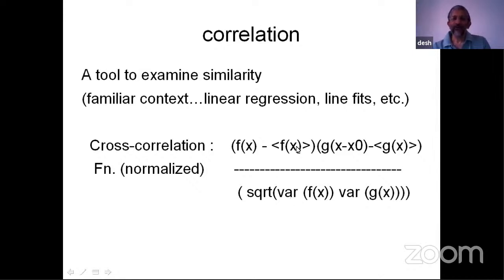And so each one of these functions is normalized, if you like, by their mean subtracted, normalized to their respective standard deviation. It becomes a measure which is independent of the actual absolute scaling of these functions, because we are interested in the level of similarity as a sort of percentage similarity or fractional similarity.